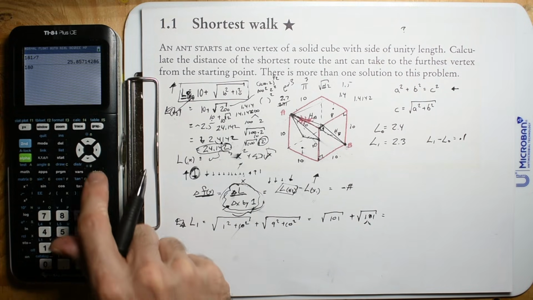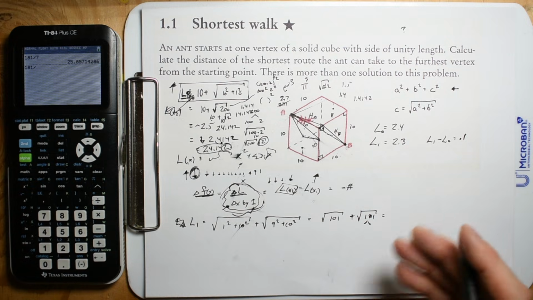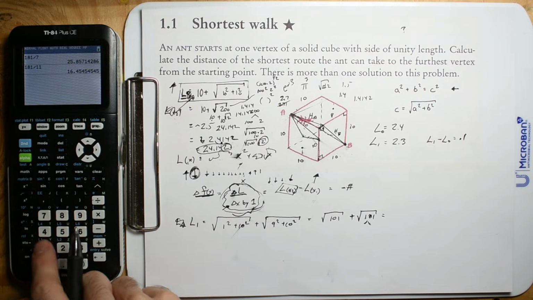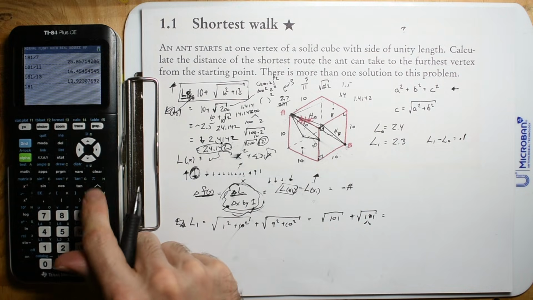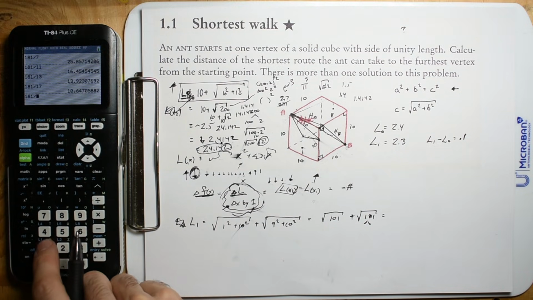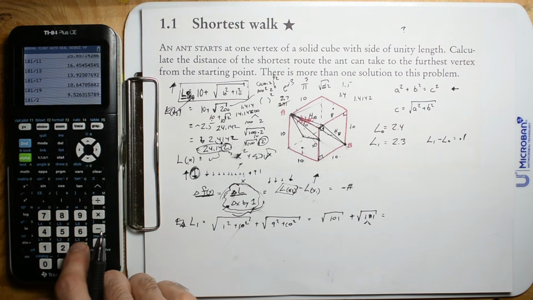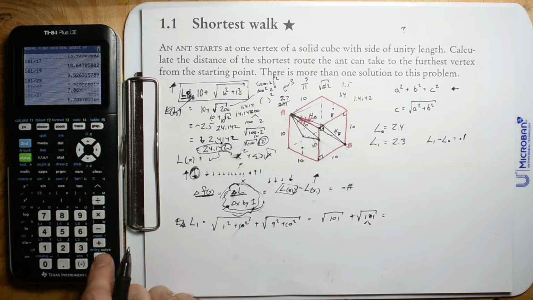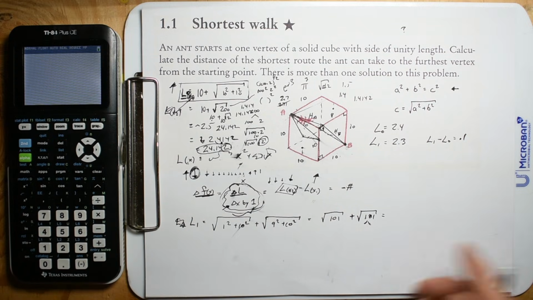And 181 divided by 11? Definitely not. 181 divided by 13, 17, 19, nope. 181 divided by 23. Anyway, all right.